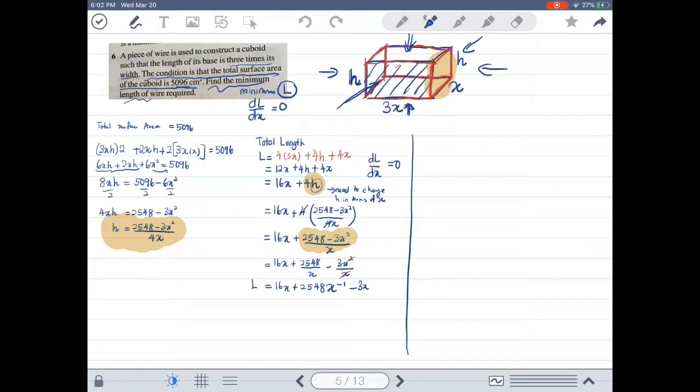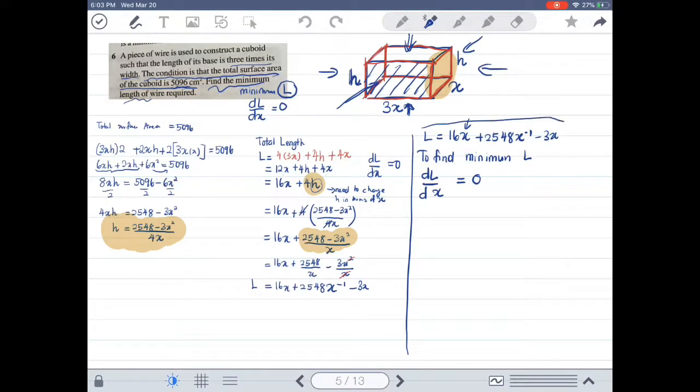Our aim is to find the minimum length required. Since we have the function L equals 16x plus 2548 x to the power of -1 minus 3x, to find minimum L, we need to differentiate the function L in terms of x, and set it equal to 0.